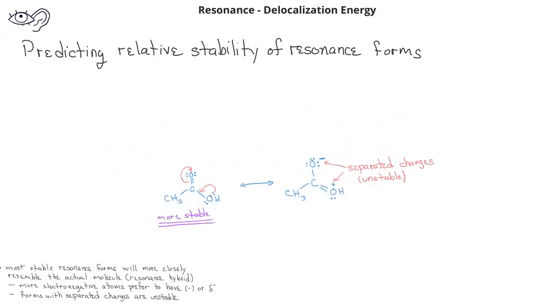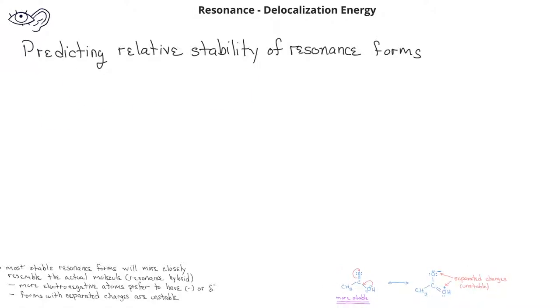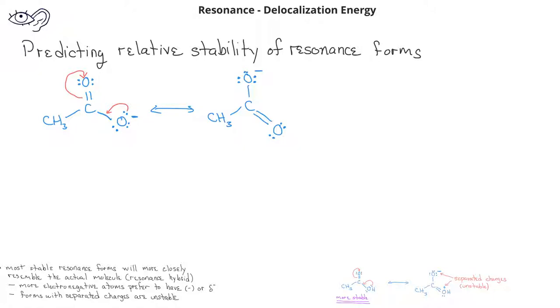In the second example, we have the acetate ion. In this case, we have acetic acid, except it has lost the hydrogen on one of the oxygens. There's a negative charge residing on one of the oxygens and a double bond to carbon on the other oxygen.